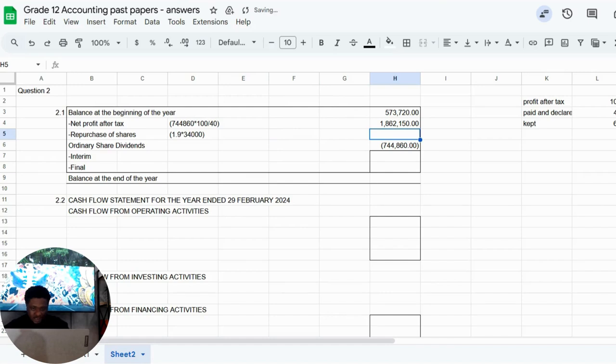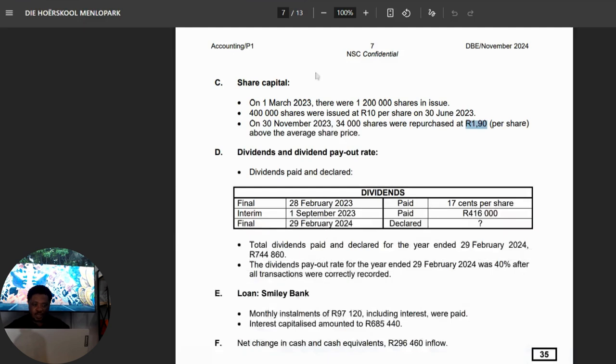And so that repurchase, let's remember that it's a negative amount, and so that's going to be 64,600. And then after that, we're going to look at our dividends. Now we've been given a total already, and then let's look at some other information. So there is a final dividend. This final dividend is from last year, and you can see that it says that it was paid in the current year.